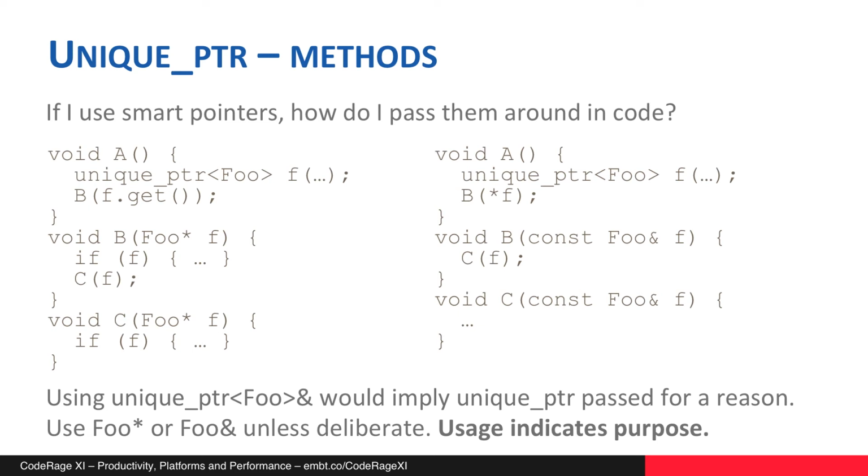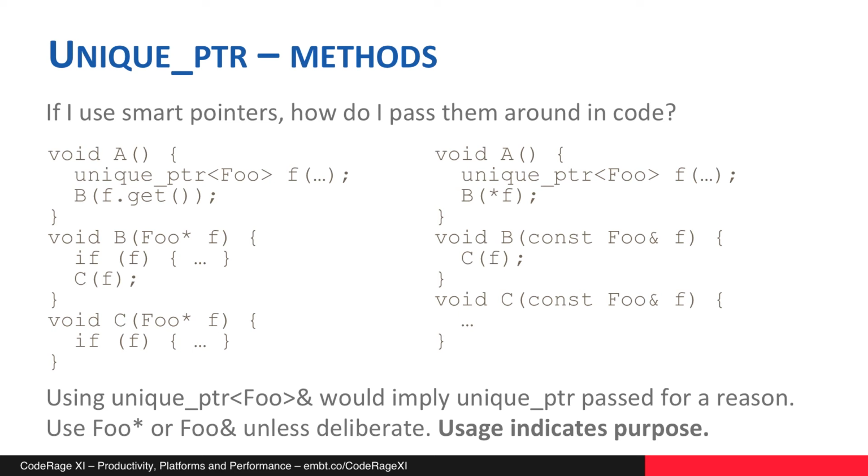One of the most useful things to realize here is that usage indicates purpose. In the code sample on the left, the unique pointer has a get method which gives you direct access to the pointer that it's holding. If you are not certain that the unique pointer instance will actually hold a pointer, it might be null or it might have a pointer, then you would want the parameter of methods B and C to be a foo pointer.